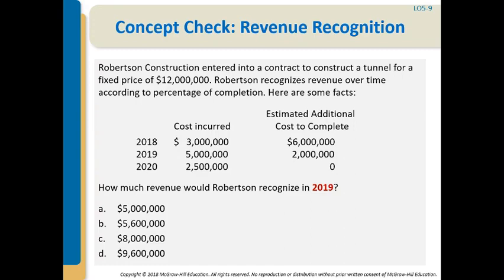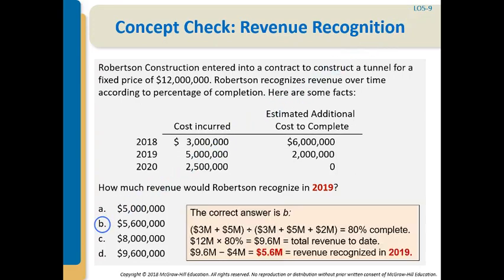Okay, so they're going to take 9.6 million minus whatever they had before, 9.6 minus 4. So B is the answer. Kind of hard to do in your head sometimes. Probably best to put it to paper.